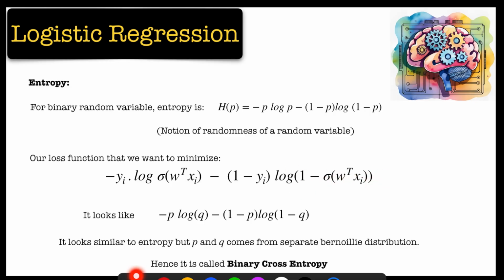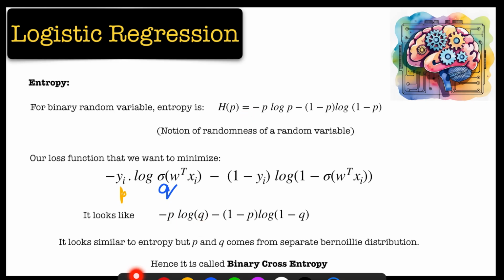So it looks like, let's say this is P and this is Q, right? This sigmoid of W transpose xi is Q. So what we get is minus P log Q minus 1 minus P log of 1 minus Q. So this is similar to entropy, but P and Q are different here.